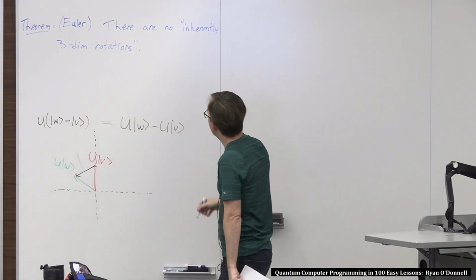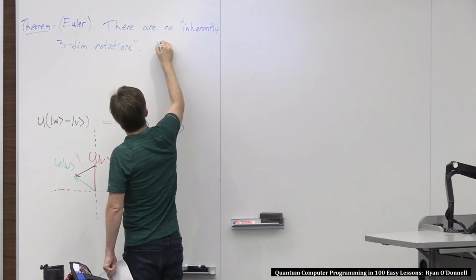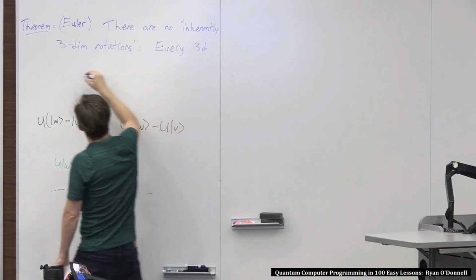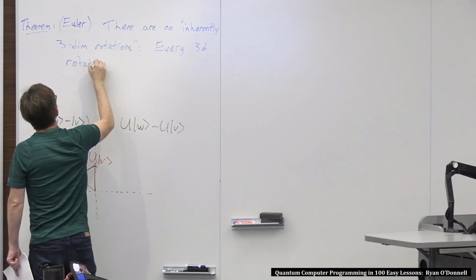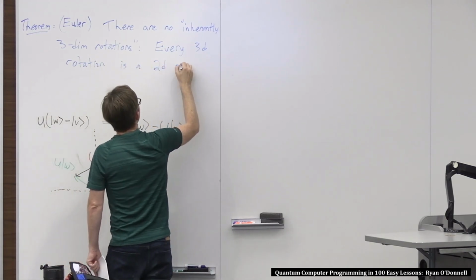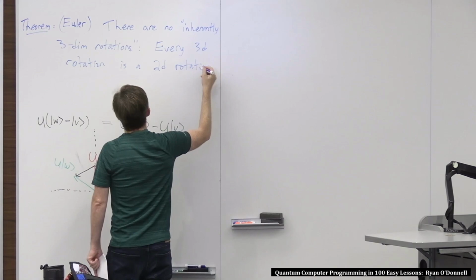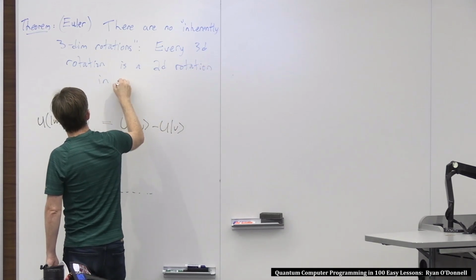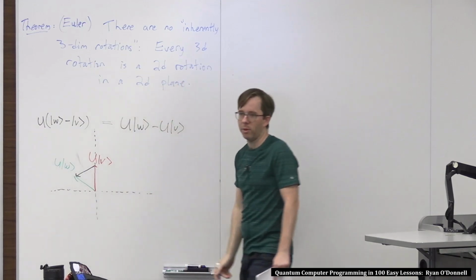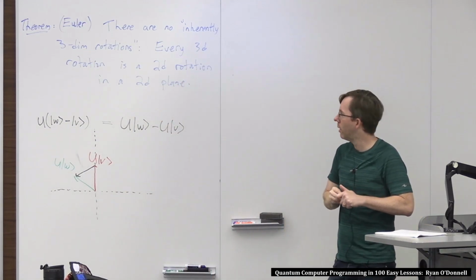Maybe more precisely, what this really means is every 3D rotation is a 2D rotation about some axis, or maybe let's say in a 2D plane. Usually it's phrased as, for every 3D rotation, there's an axis of rotation.